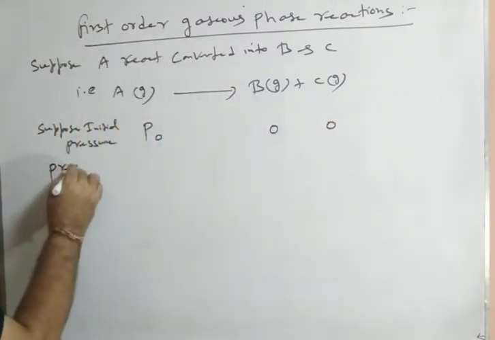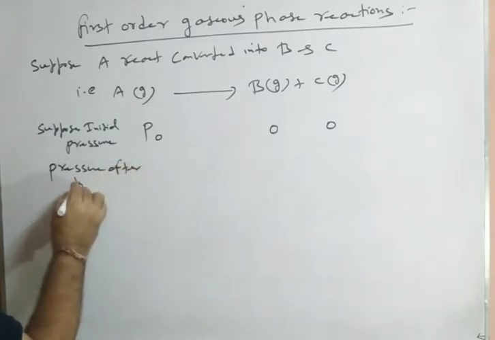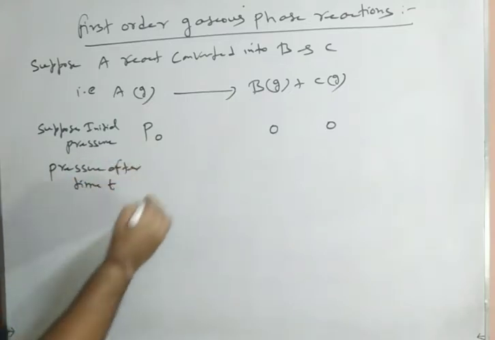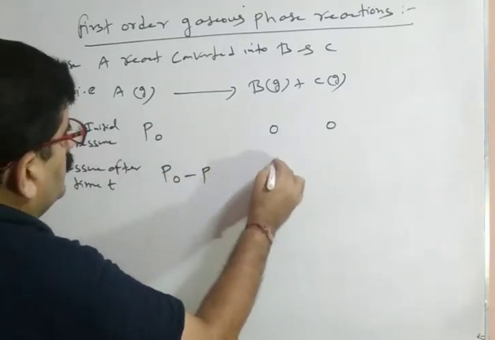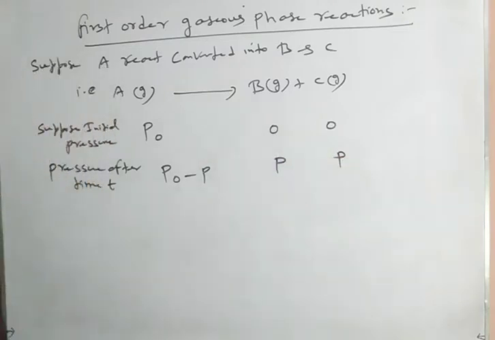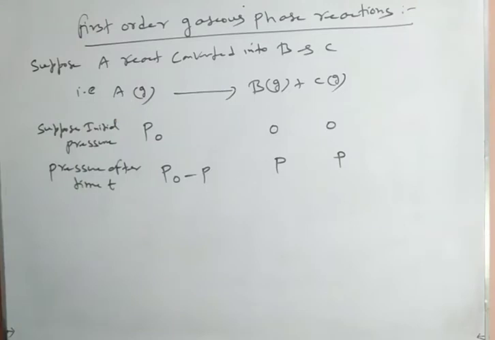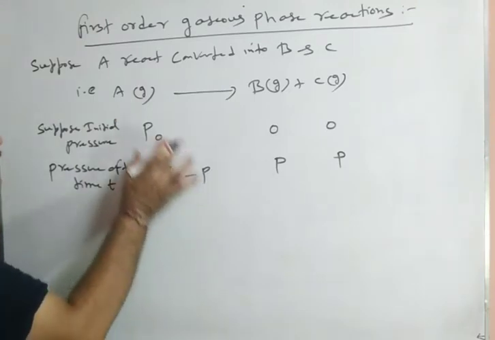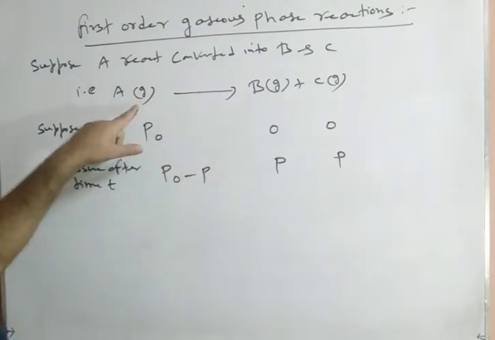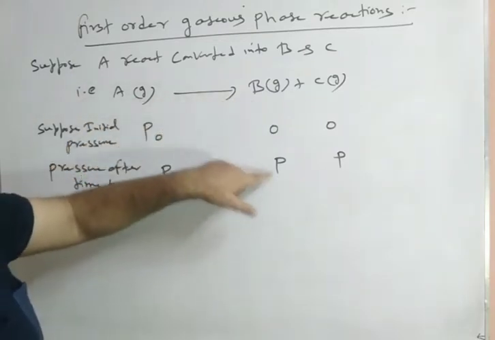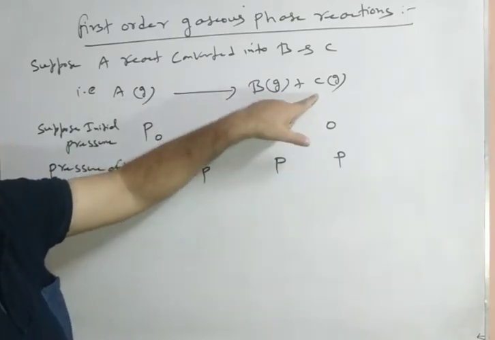Pressure after time t is P0 minus P. P is what? The reduced pressure of reactant A. P0 minus P is equal to what? The pressure left. If P pressure is reduced, then P pressure is formed for B and P pressure is formed for what? C.